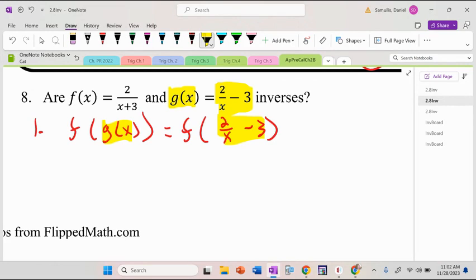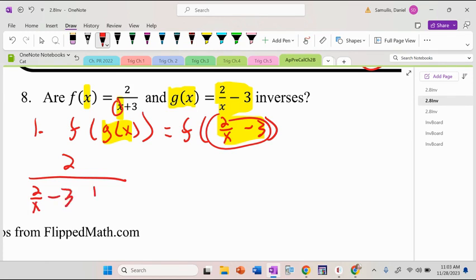So I replace this x with this. So this looks like 2 over, and then this small x becomes this expression, 2 over x minus 3. And finally, we get to do some algebra with you guys.